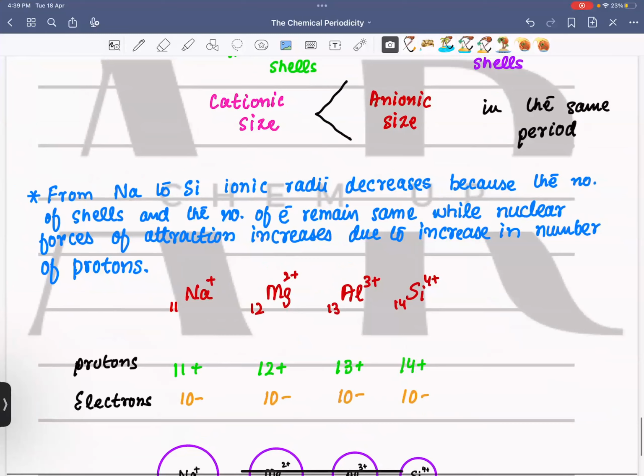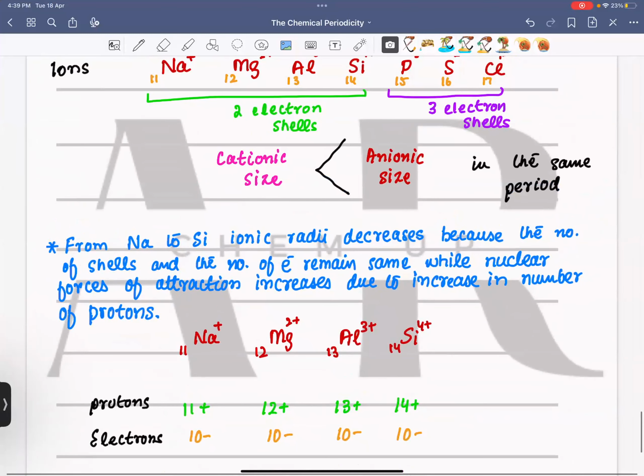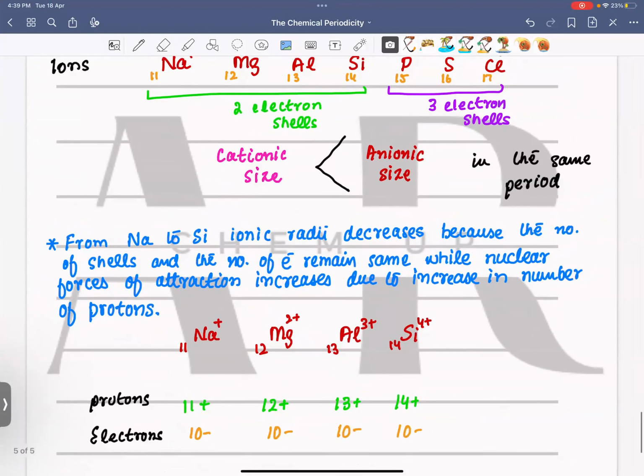So here we have discussed what I was discussing in the last class, that when we move from sodium to silicon, the ionic radii decreases, and it is because the number of electrons remains the same.